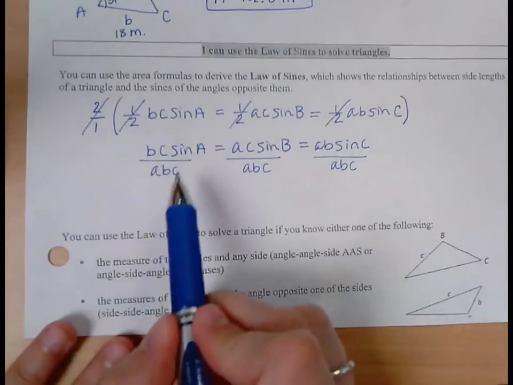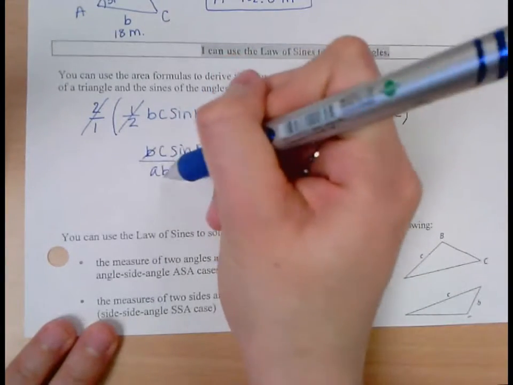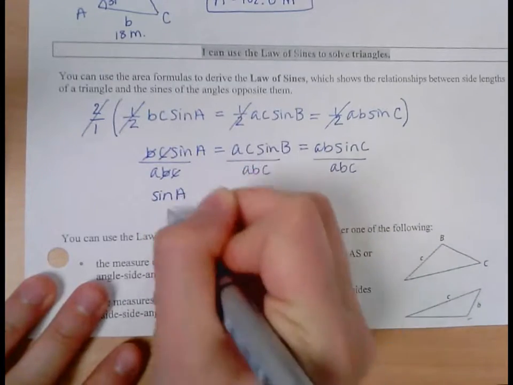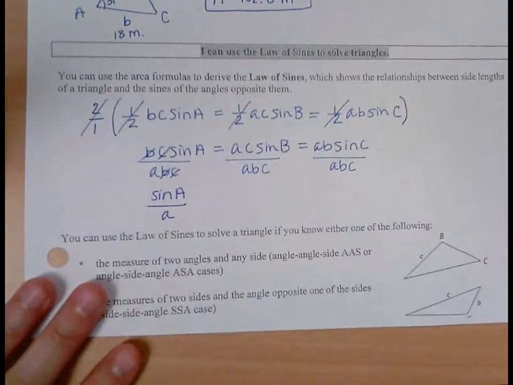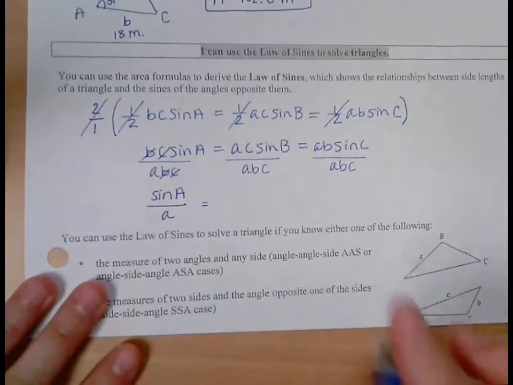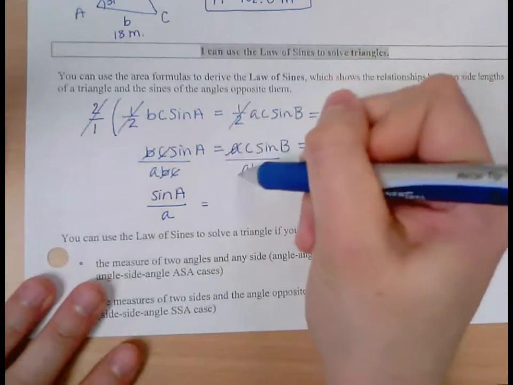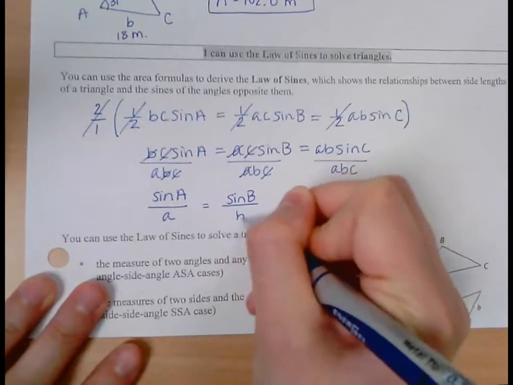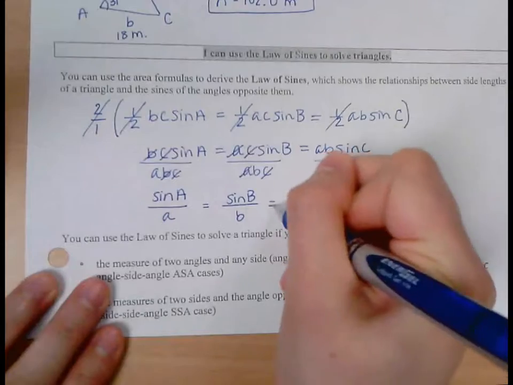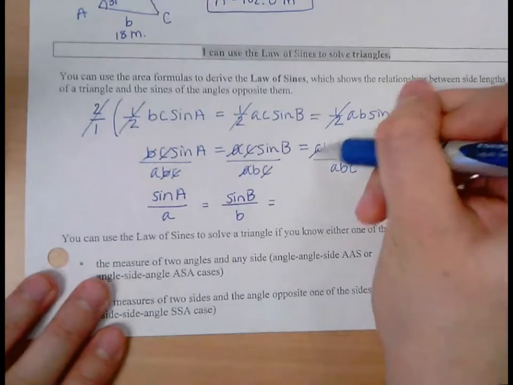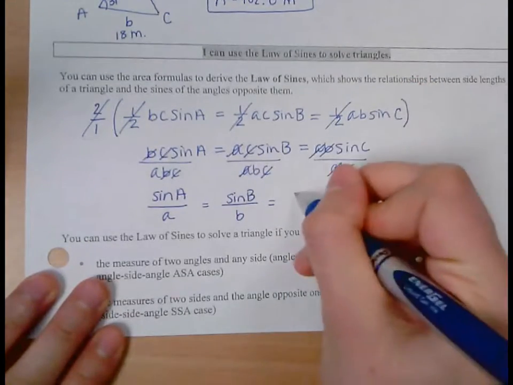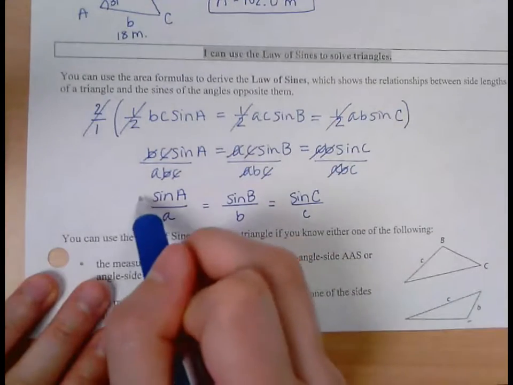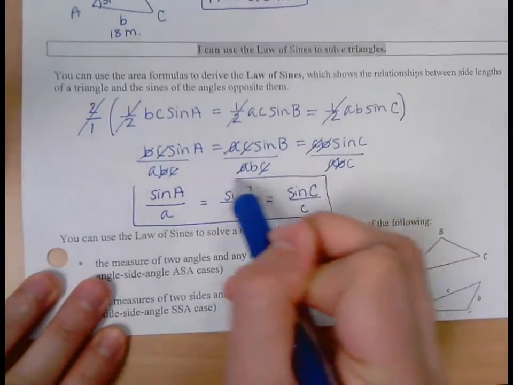So for that first expression, the b's and the c's cancel, and I'm left with sine of angle A over side length a should equal, in the middle expression, the a's and the c's cancel, so I'm left with sine of angle B over side length b should equal, in the last expression, the a's and the b's cancel, sine of angle C over side length c, and that is your law of sines formula.